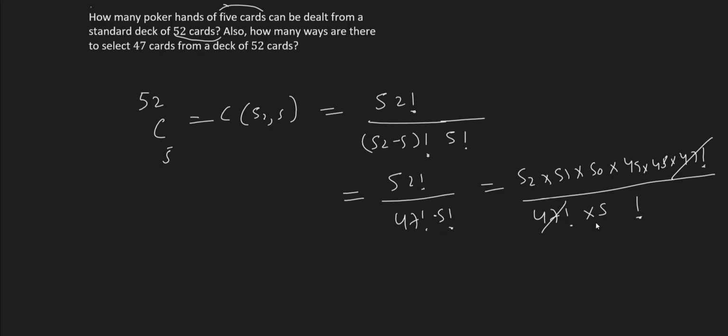Then 5 factorial will cancel out with this, and we simplify by cancelling out 5 factorial. Let me write it here so that there is no confusion: 5 times 4 times 3 times 2 times 1, and here we have 52 times 51 times 50 times 49 times 48.